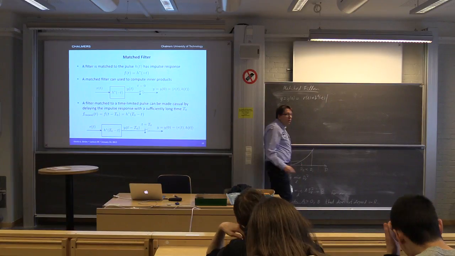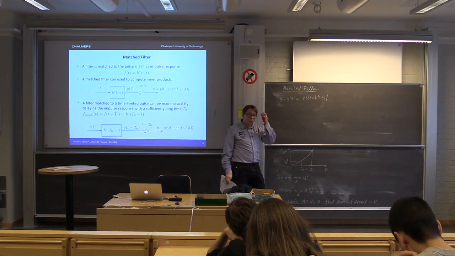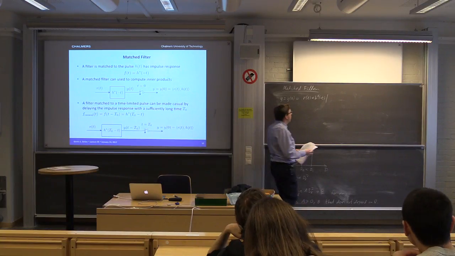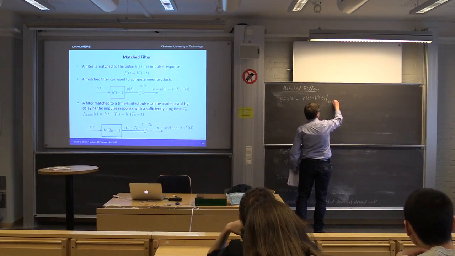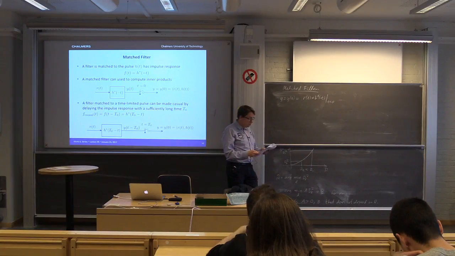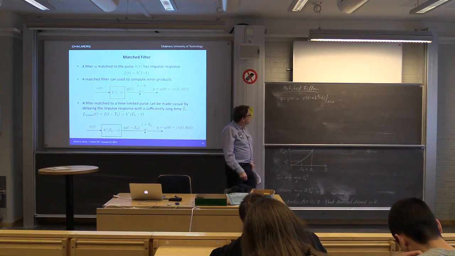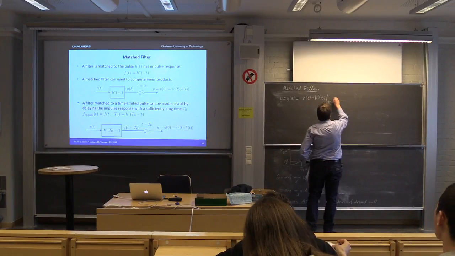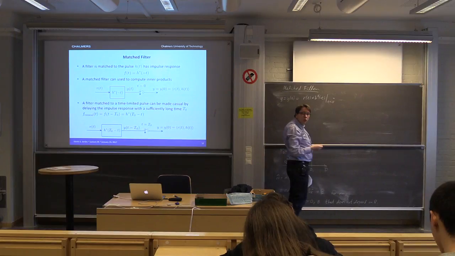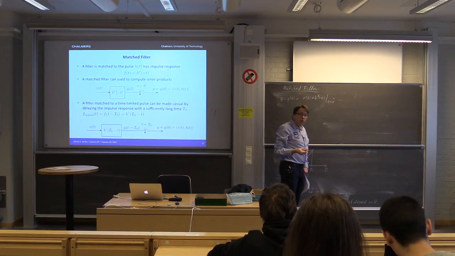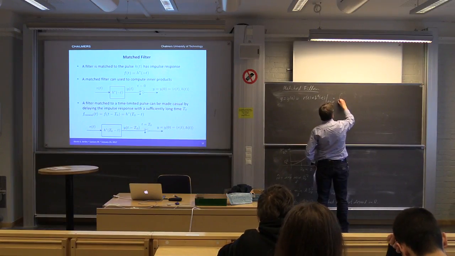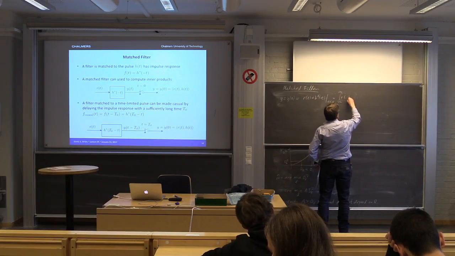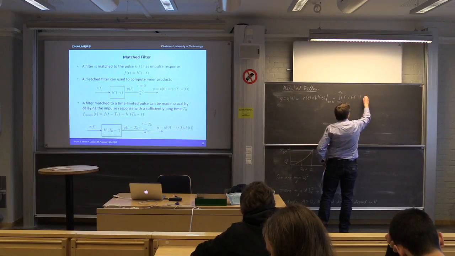This is a signal. Convolution between two signals produces a signal. And then we sample that at time equals 0, and that gives us the output sample. So let's expand the convolution, or write it in its integral form. It's simply an integral from minus infinity to infinity of r and then h.